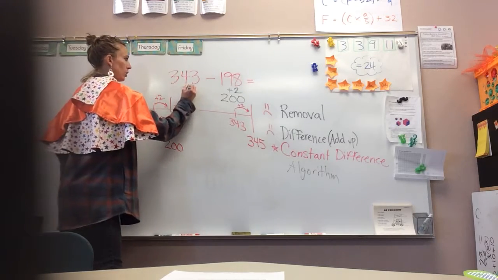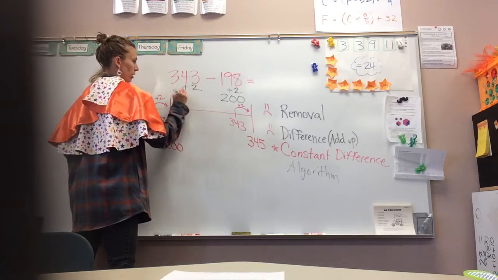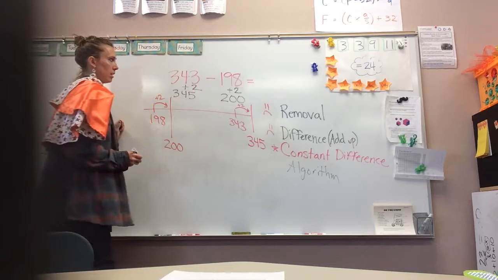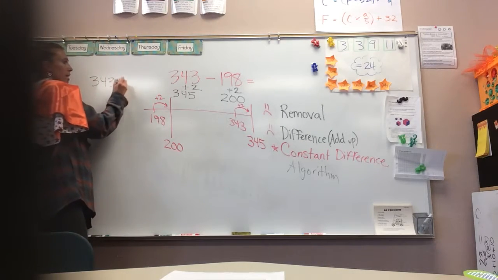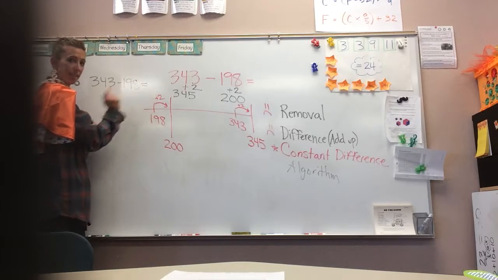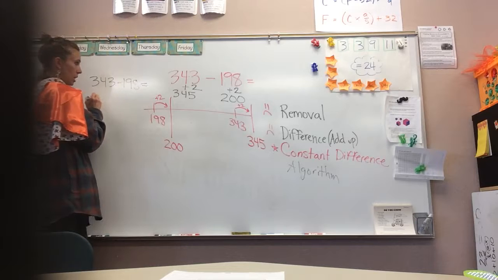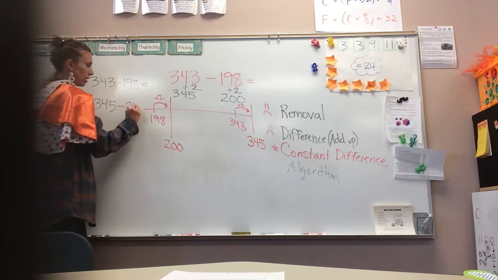So now I can find the difference between 345 and 200. I added 2 to 343, and that became 345. So now instead of doing 343 minus 198, that would be the same difference as 345 minus 200.